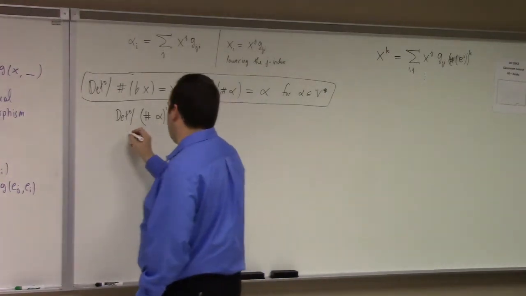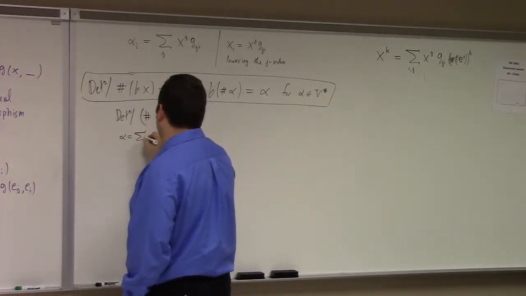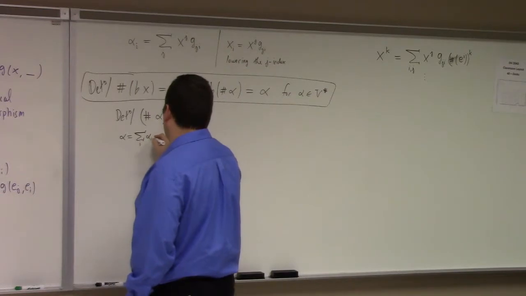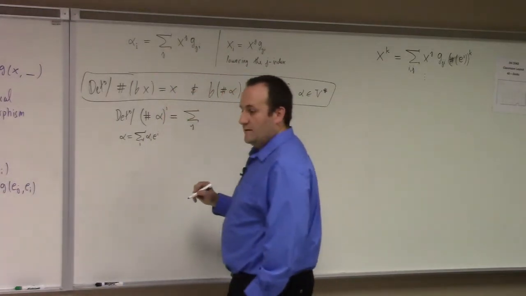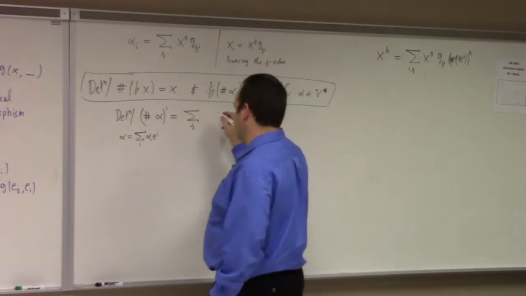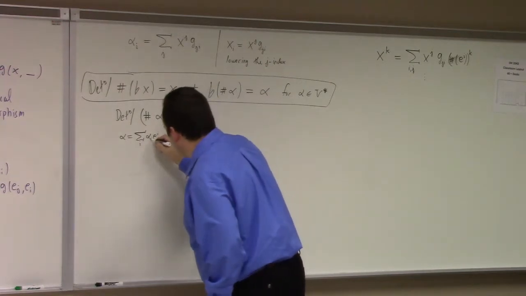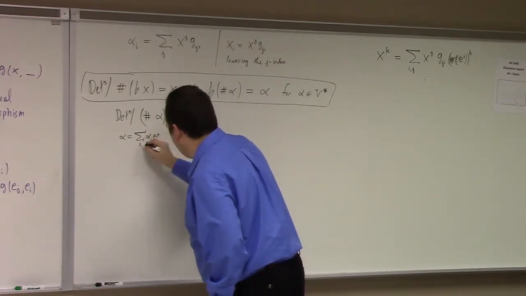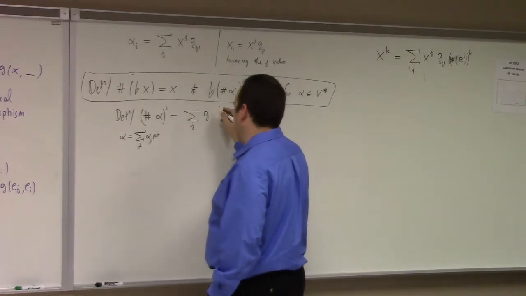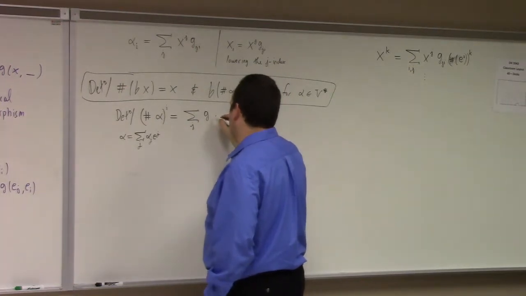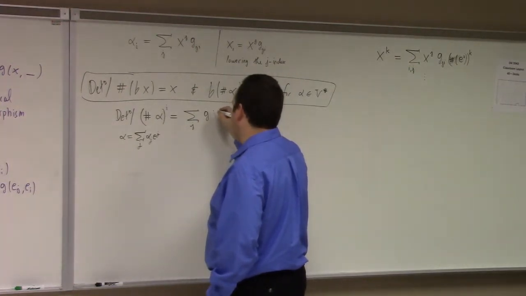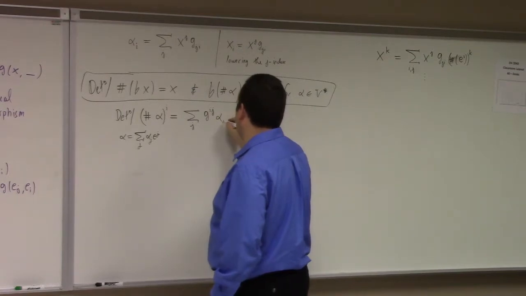And I'm assuming alpha is equal to a sum over I of alpha sub I e upper I, right? So what we do is we do g, or maybe I should use j here, it'll be easier to see what's going on. Sum over j of g i j alpha sub j.